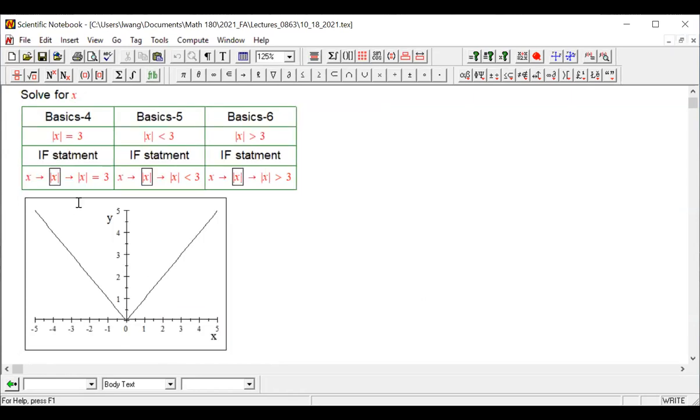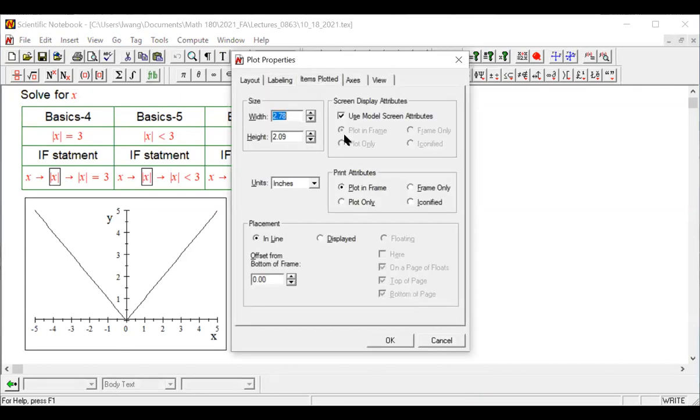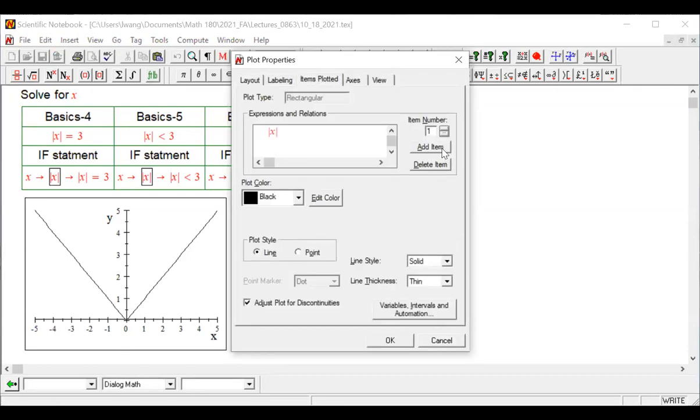When we want the output to equal 3, 3 seems to be a critical number. Graphically, these are all about finding the input to satisfy different conditions.